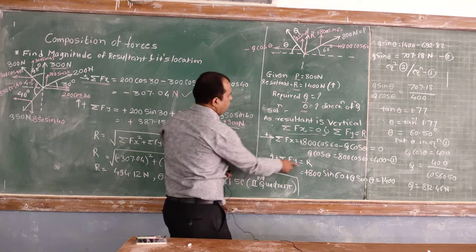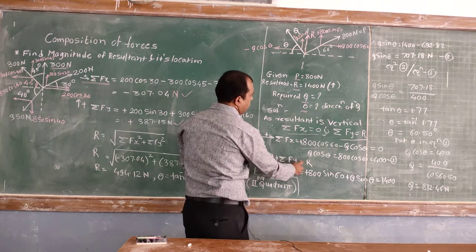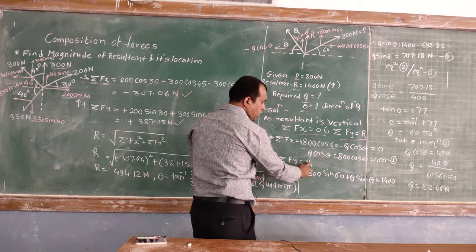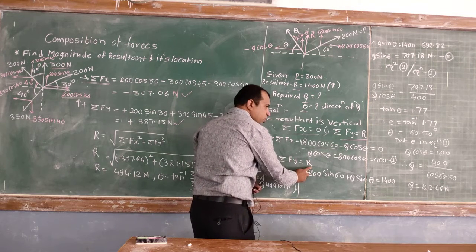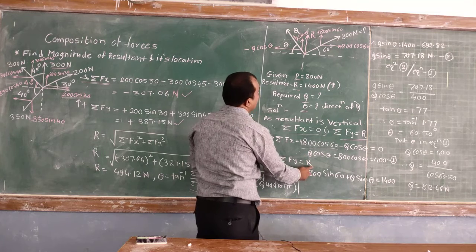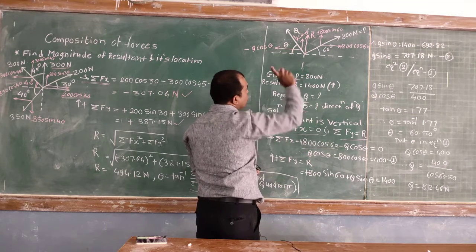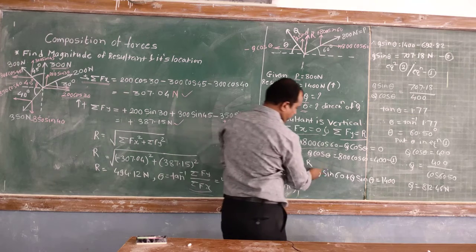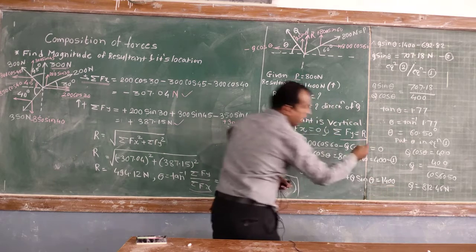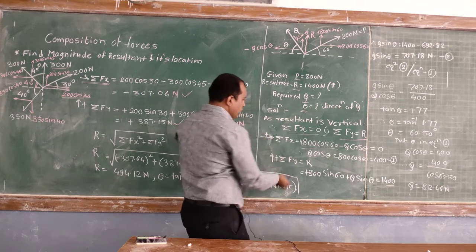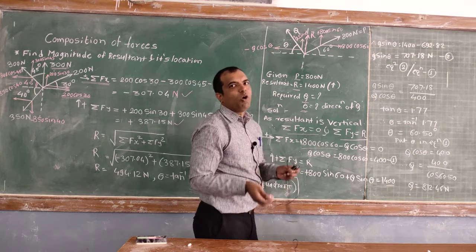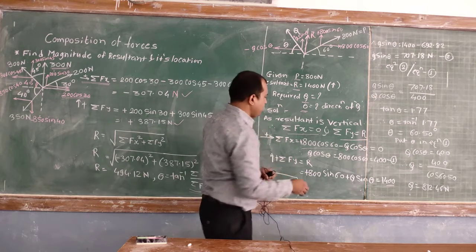Another, the summation of Fy is equal to R. Why? Because it is already given that the resultant is vertical, therefore the summation of Fy is equal to R. The value of R is given as 1400, vertically upward, so it is positive. So what is the summation of Fy? It is the summation of all forces in the y direction.